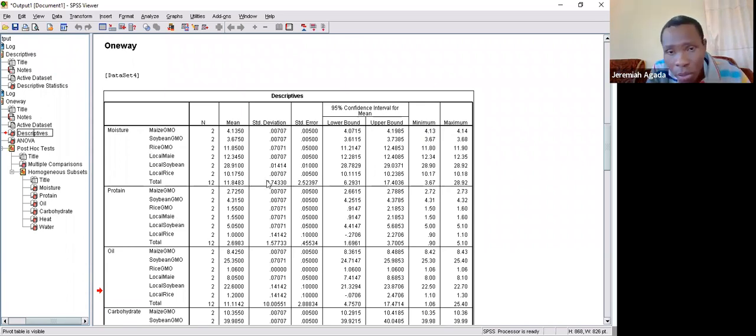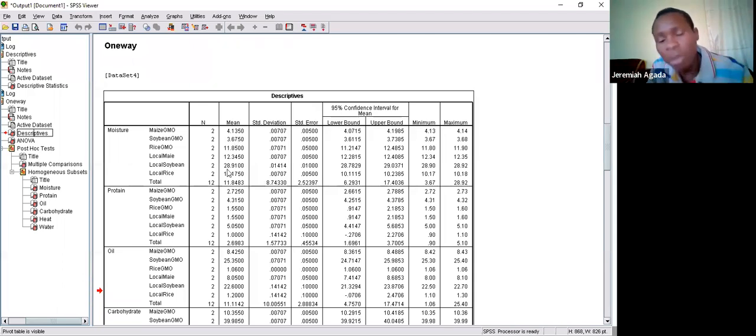Now, if you look at the whole thing like this, look at our mean. Our mean for maize is 4.13 or 4.14 if you're approximating to 2 decimal places. So if you have something like this, you know obviously that comparing the moisture in maize and that of soybean, you have more water content in maize than in soybean.